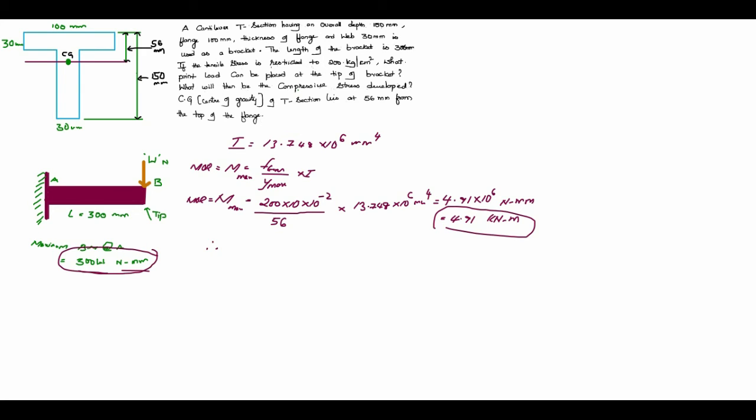Therefore, you can write 300 W is equals to 4.91 into 10 to the power of 6 Newton mm. Substitute the value in terms of Newton mm, and on calculation you get W is equals to 16.366 kilonewton. So this is the maximum point load that can be allowed at the tip of this bracket. So we found out the first one that is asked to find, right?